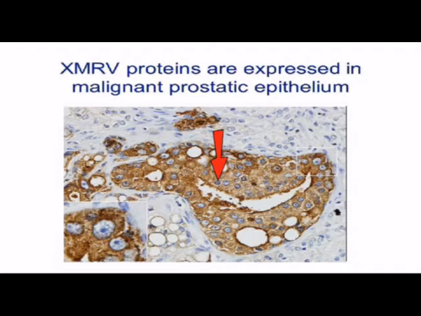So that kind of gives you a way to look for the cells. And each of these cells is just chock full of XMRV proteins. So everything that's brown is representing XMRV proteins. Here's this little inset that's been enlarged. You can see that same kind of granular pattern that I showed you before. So here is the virus present in malignant cells.